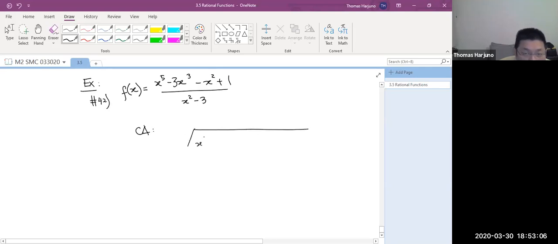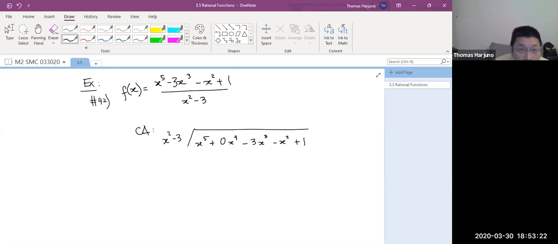So x to the 5th plus 0x to the 4th minus 3x cubed minus x squared plus 1, divided by x squared minus 3. Now, x squared times what gives me x to the 5th?